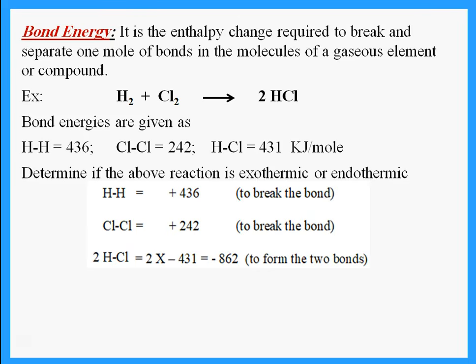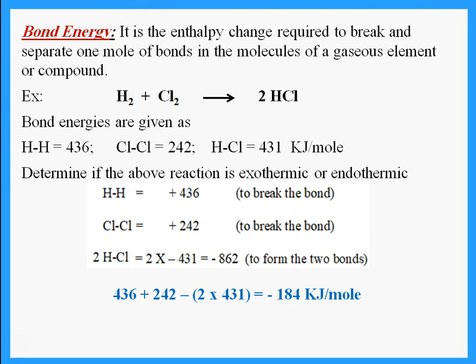It is an endothermic process. Now, when bonds are formed in the products, they release energy. So each HCl will release 431. I have 2 HCl bonds that will be formed, so that will release 862 kilojoules. Addition of energy is positive, release of energy is negative.